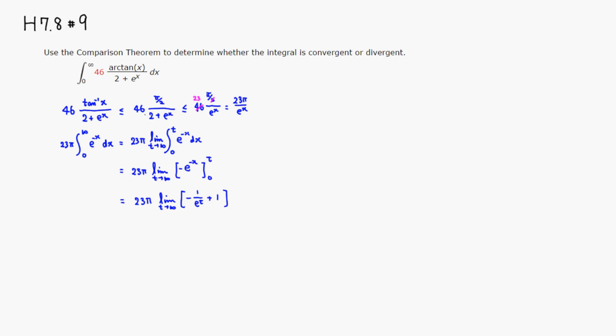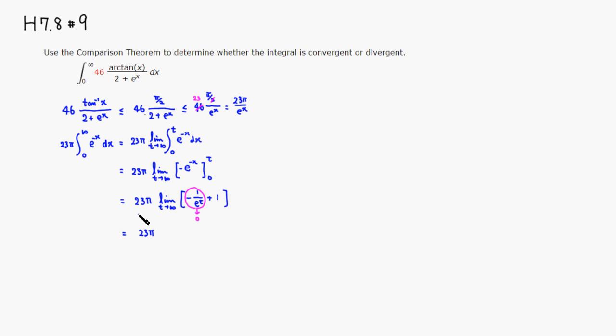Then we can take the limit. As t approaches infinity, e to the t approaches infinity, which means 1 divided by infinity. So you can see that the first term is going to approach 0. So what we get is 23 pi times 1, so we have 23 pi.